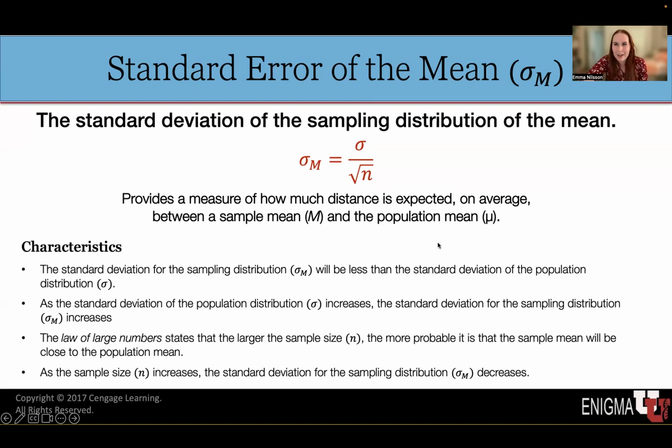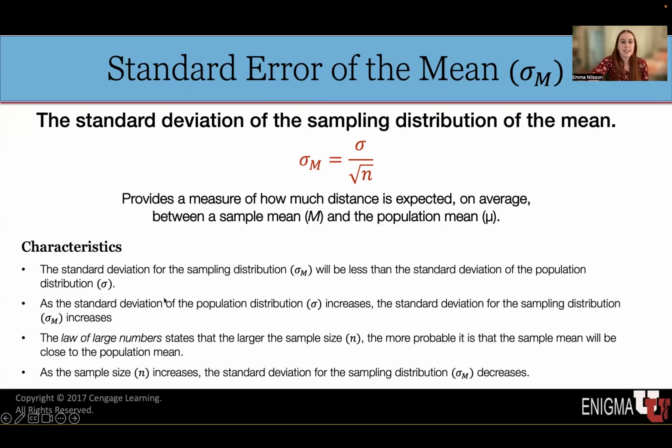This makes sense, right? Because individuals from a population are going to have way more variation than groups from that population. The groups are going to be more similar in general. The samples are going to be more similar than the individuals by themselves. So the population standard deviation will always be more than the standard error of the mean.